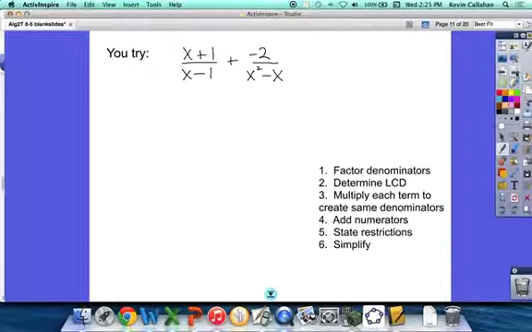What kind of factoring are you going to do in that one denominator? GCF. What's the greatest common factor between x squared and x? X. Okay. You have to factor that denominator.